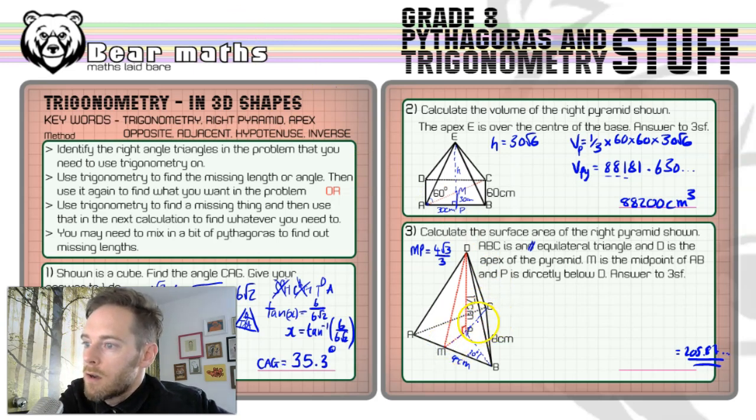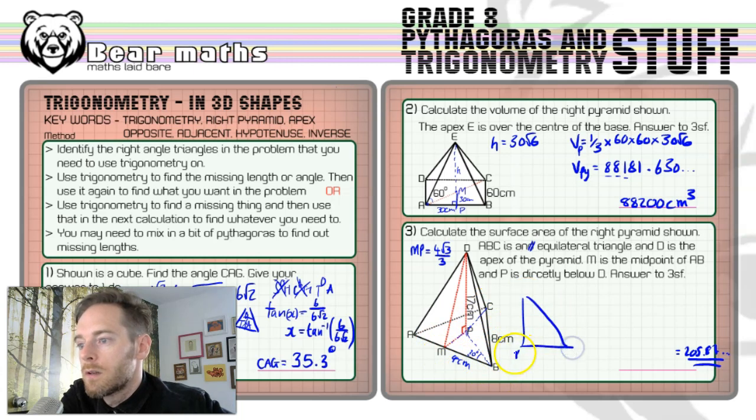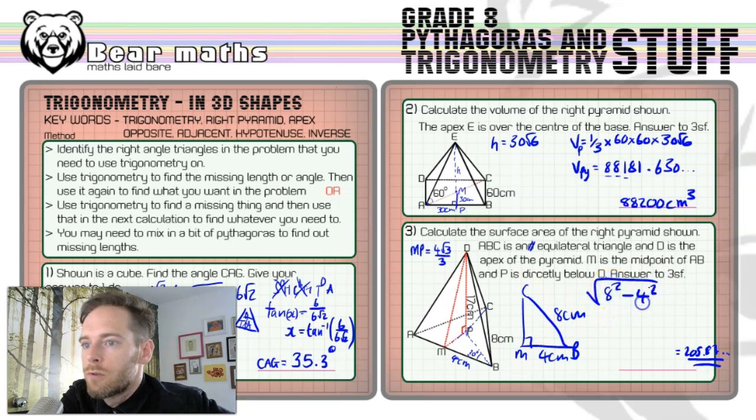So using Pythagoras, we've got CMB, that triangle there, and we've got that side length of 8 centimeters, and that side length there of 4 centimeters. So we're working out this length here. That's one of the shortest sides. So this time we're working out the square root of 8 squared minus 4 squared.